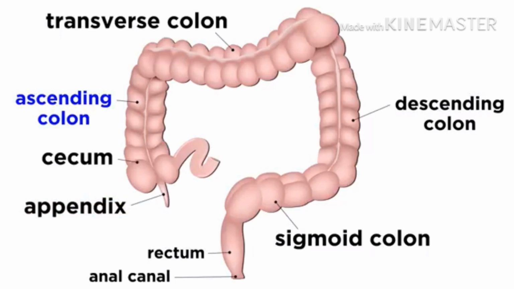The colon is split up into the ascending colon, transverse colon, and descending colon, for obvious reasons relating to the direction of travel in those segments, as well as the sigmoid colon. This transitions into the rectum, and finally, the anal canal.